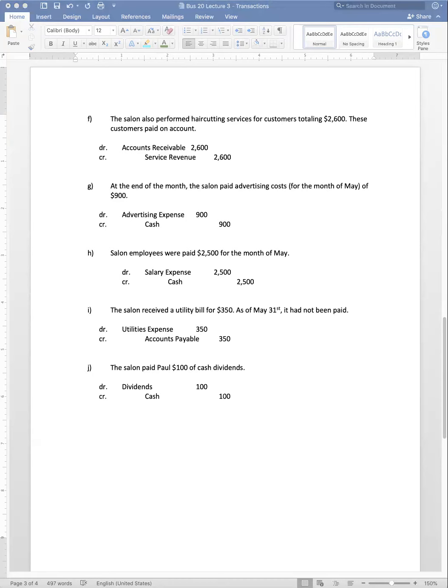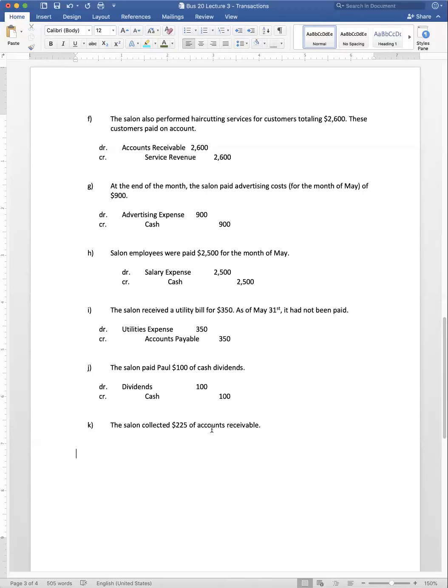All right, next one, K. The salon collected $225 of accounts receivable. All right, so we're collecting accounts receivable.